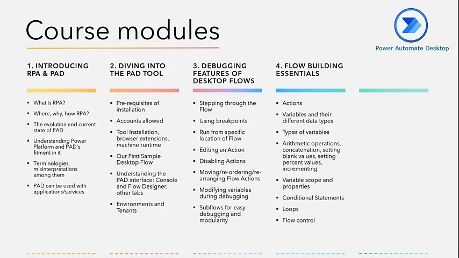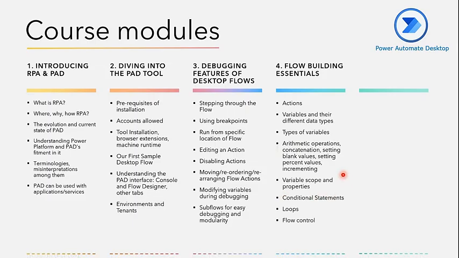We'll be seeing how they are used, where they are used, how to perform arithmetic operations, concatenation of strings, setting blank values, setting percent values, incrementing the values. If we do this using the conventional approach, they throw errors. So I'll be showing you where the errors come up and how to handle them and how these operations are performed.